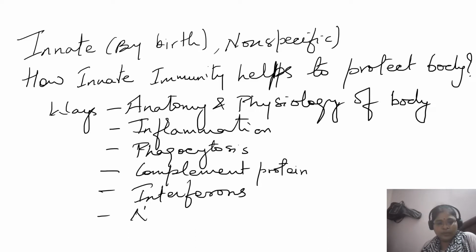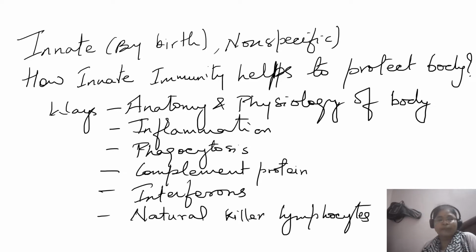Then there is one major important cell type called natural killer cells. They are a type of lymphocytes. So these are the ways by which your body gets protected.